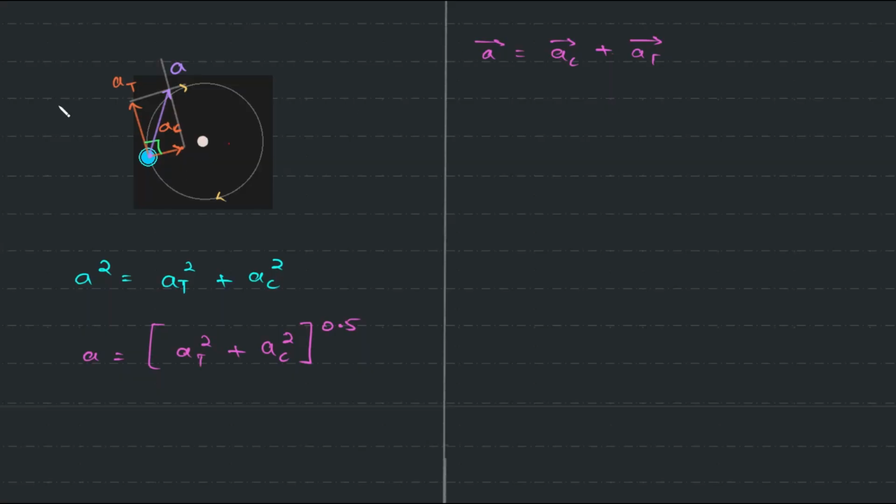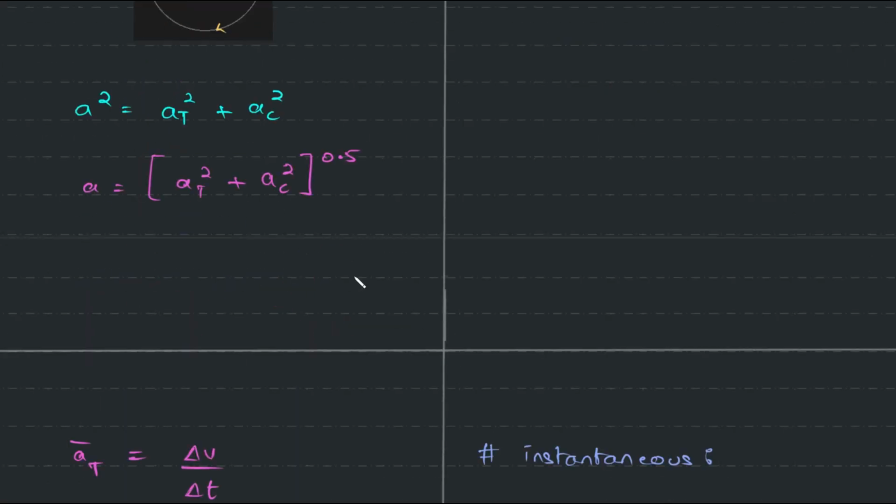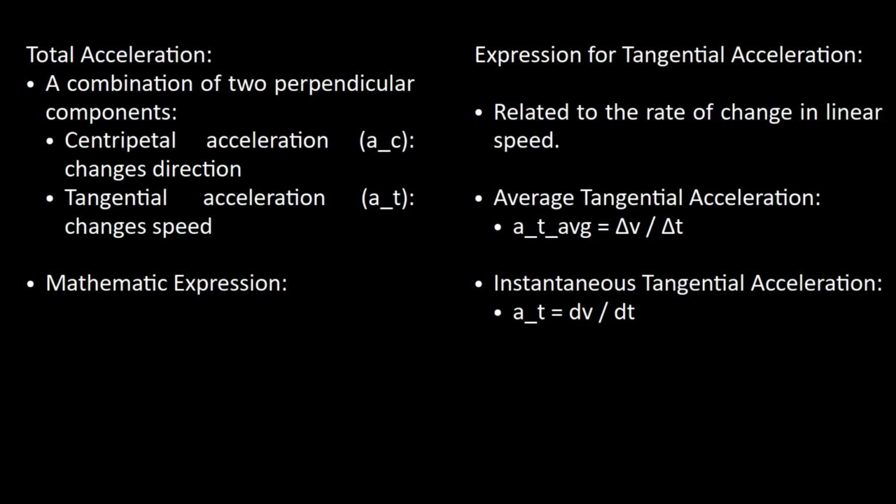The mathematical expression, the drawings are over here. So this we are adding using the parallelogram law of vector addition. Then you have your expression for tangential acceleration. For that, I need to come over here. And finally, I introduce a new term called angular acceleration.